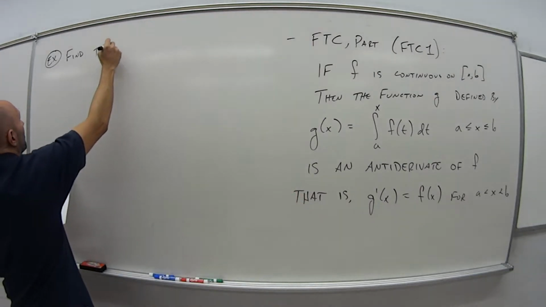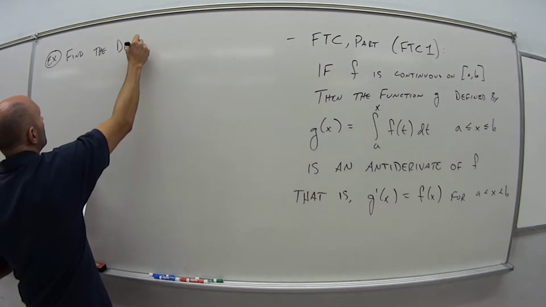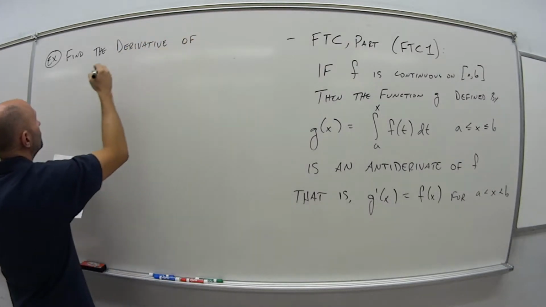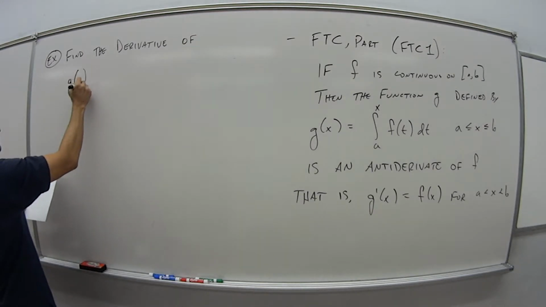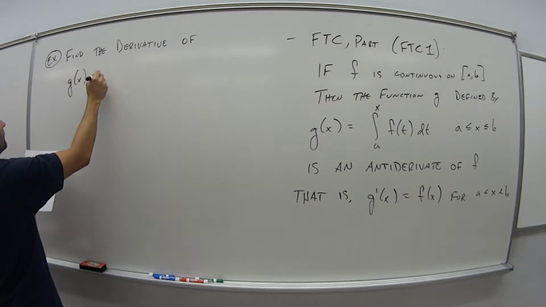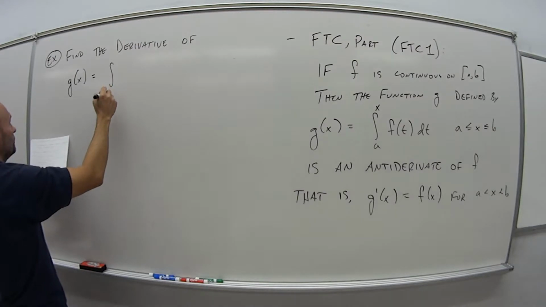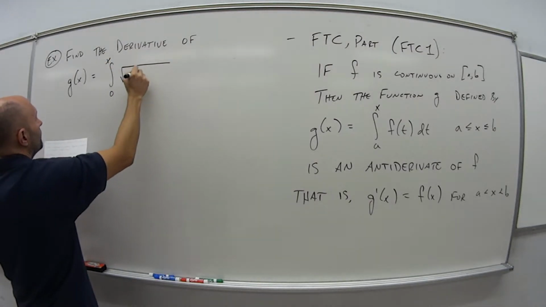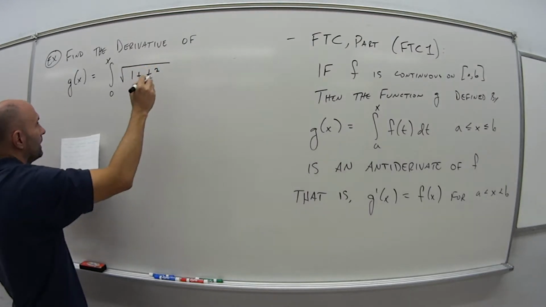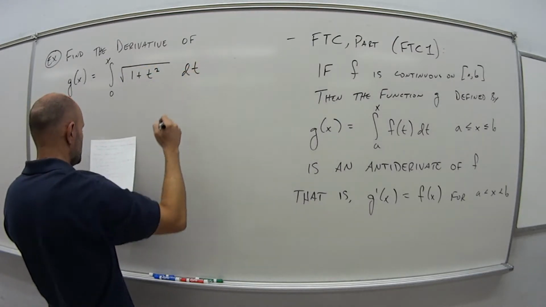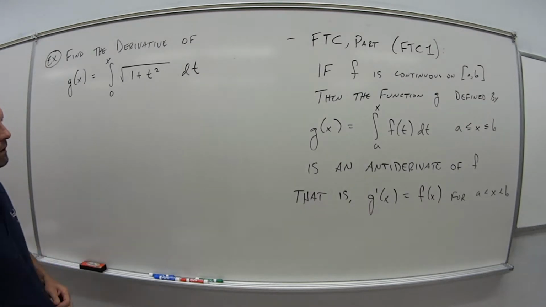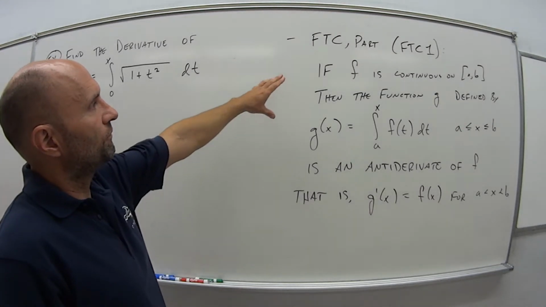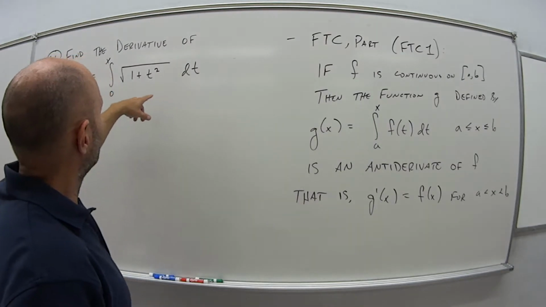For example, find the derivative of g of x, which is equal to the integral from 0 to x of the square root of 1 plus t squared dt. If we look at the fundamental theorem of calculus, first of all, is f continuous?